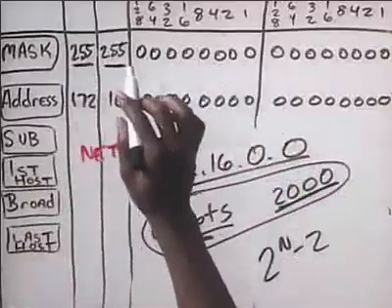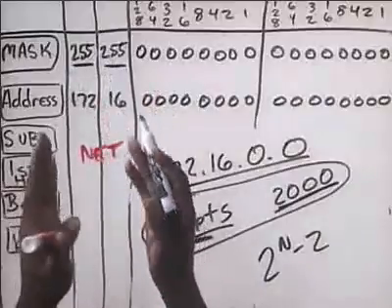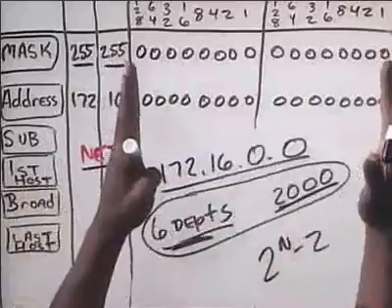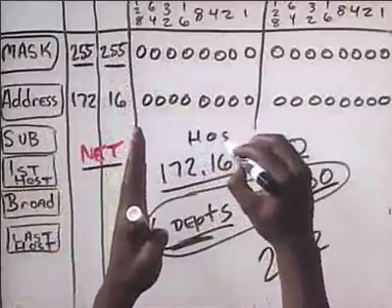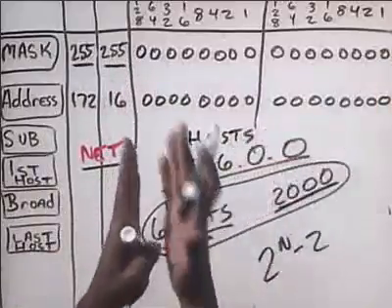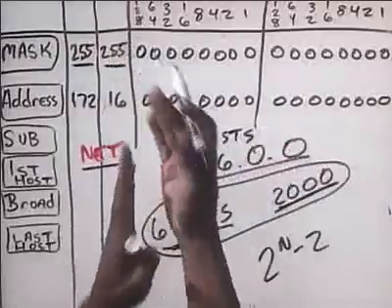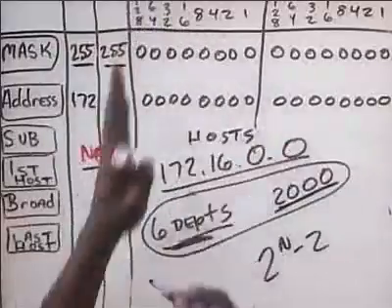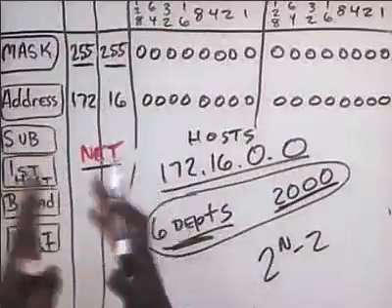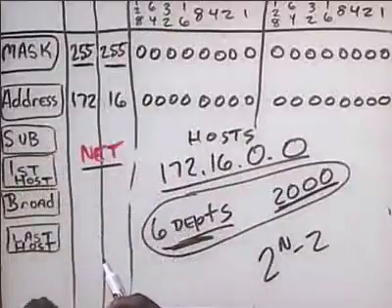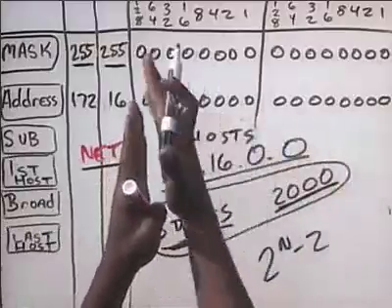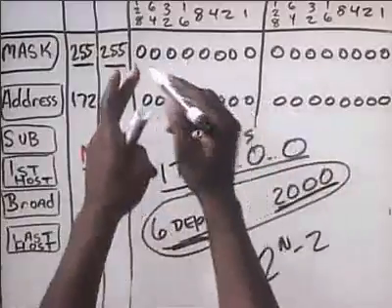So, starting with the default mask, we now have 2 sections, a network section and of course the host section. We cannot change any of the bits to the left of this imaginary line right here. To the left here, we can't change any of the network bits. So can't touch those. But we can manipulate or change host bits in the mask here.